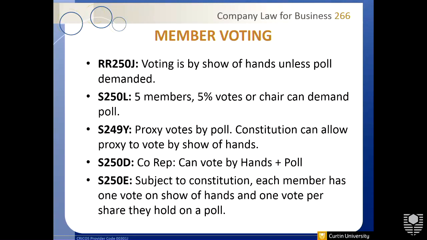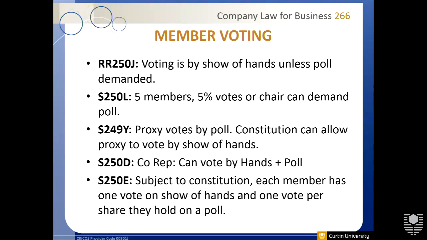Voting is by show of hands unless a poll is demanded. Normally we don't demand a poll, we just vote by show of hands. Section 250L, 5 members or 5% of votes, or the chair, can demand a poll. 249Y, proxy votes by poll.